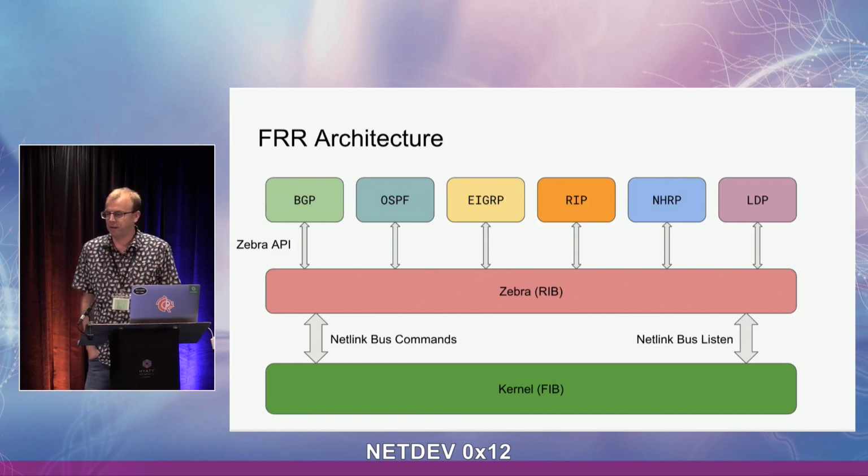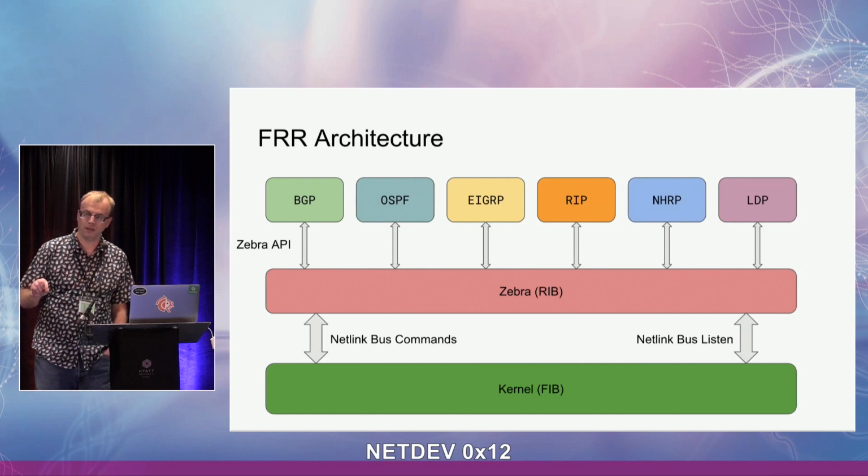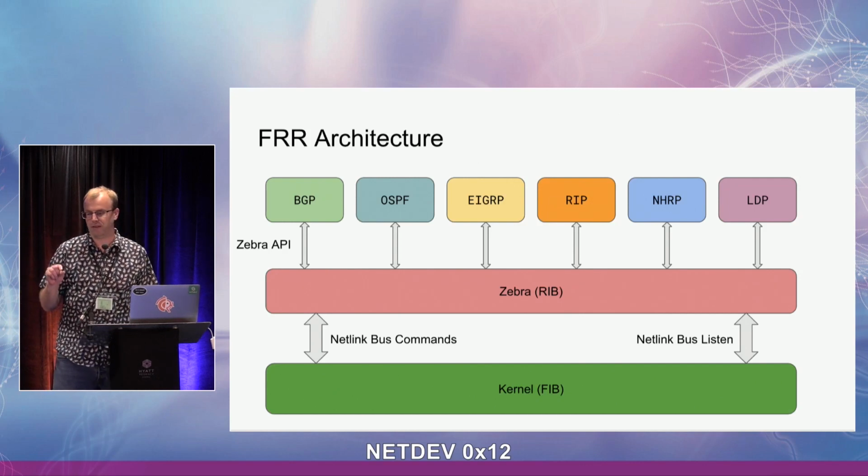So how does FRR work? We have a daemon called Zebra, which provides the RIB functionality and control of what gets inserted into the kernel. A routing protocol like BGP or OSPF connects to Zebra and does things like tell Zebra to install routes.